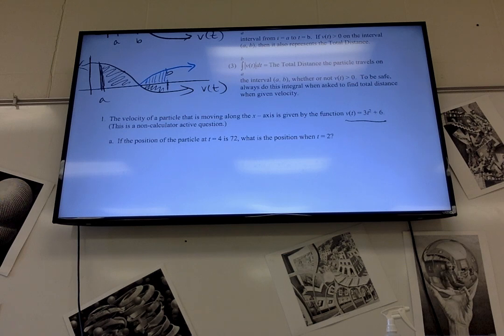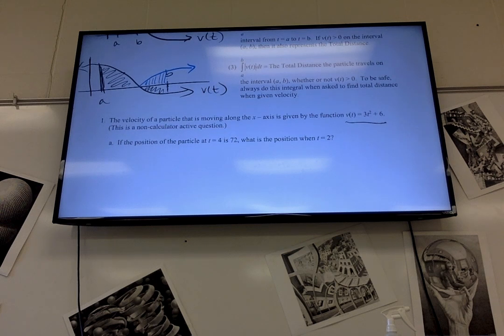If the position of the particle at t equals 4 is 72, that means P of 4 equals 72. So it's written like this, but you got to know that that's an initial condition.